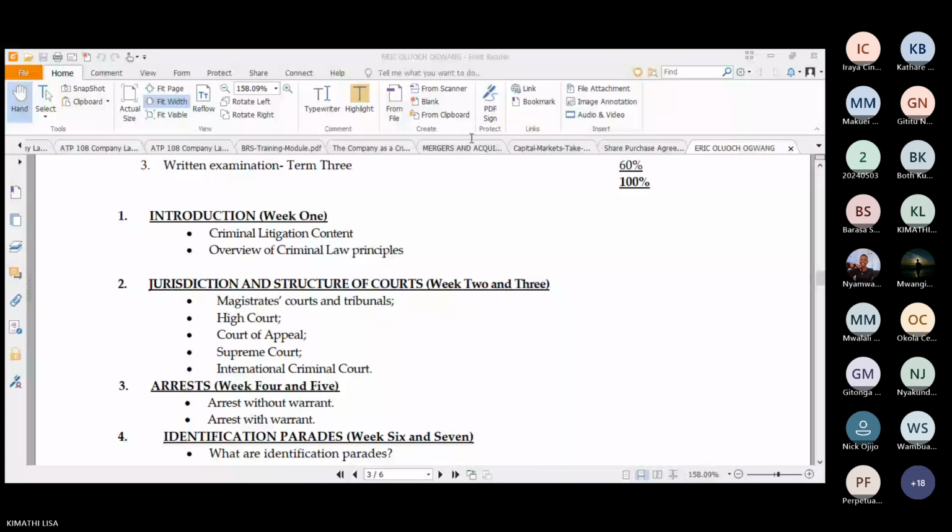Yes, Nyakio, take it away. Thank you. A petition of appeal, in my opinion, is one that outlines the reasons why an appellate court should review a verdict. Thank you.